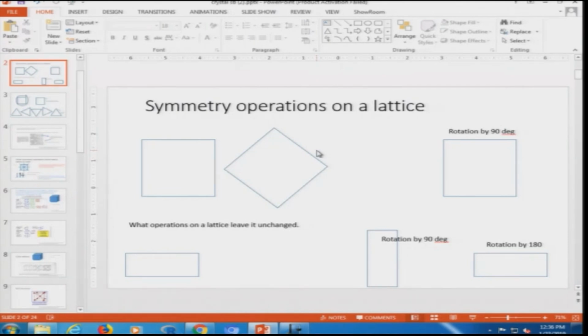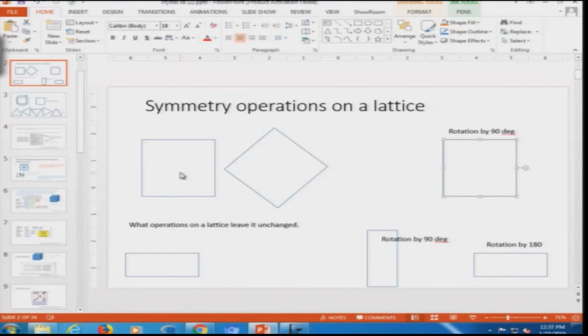However, for this square lattice of points where you have points sitting at each individual corner, if I rotate this cubic structure or this square structure by 90 degrees as shown here, I will get a structure where I will not be able to distinguish these two lattices.